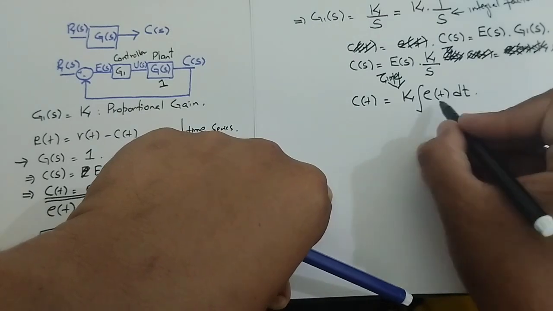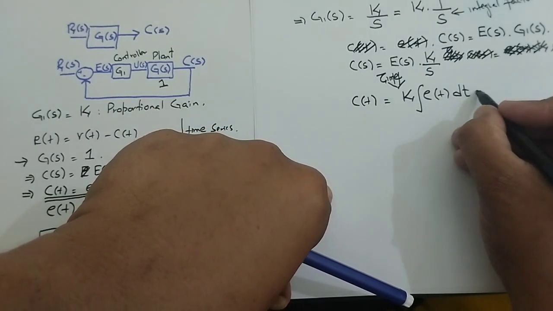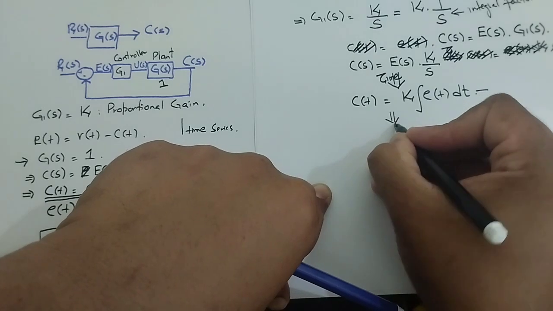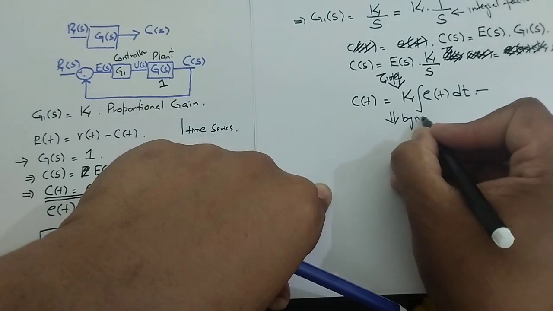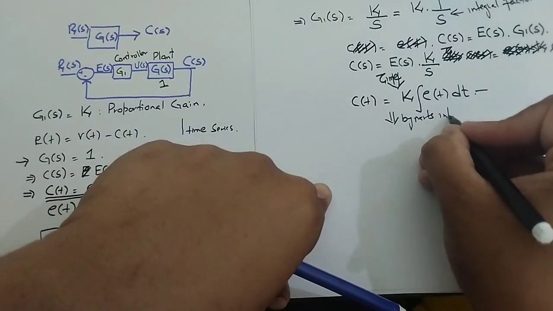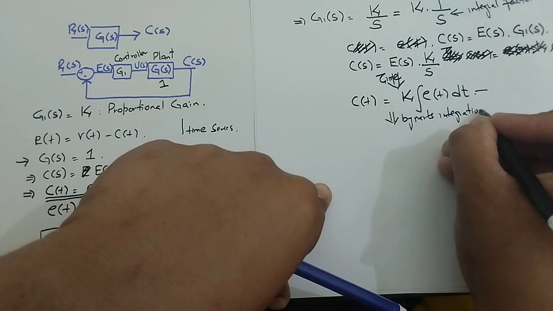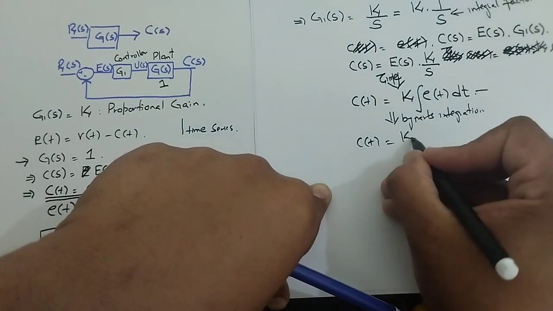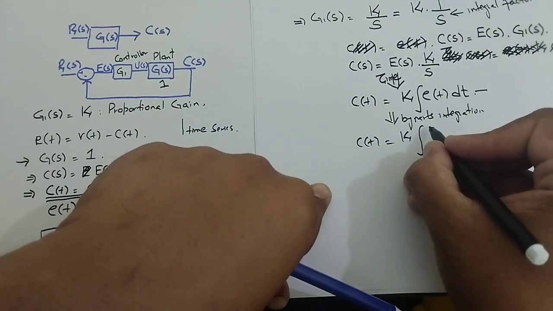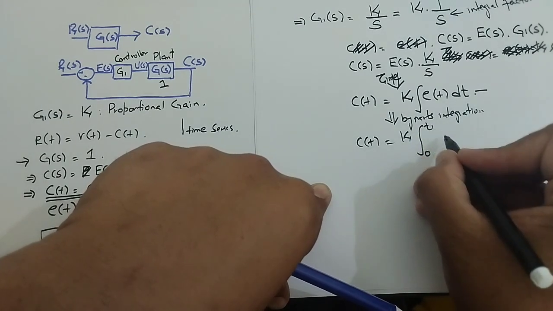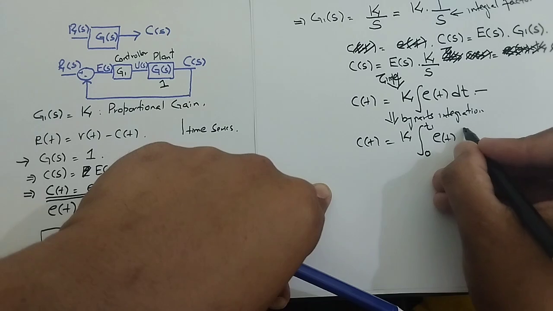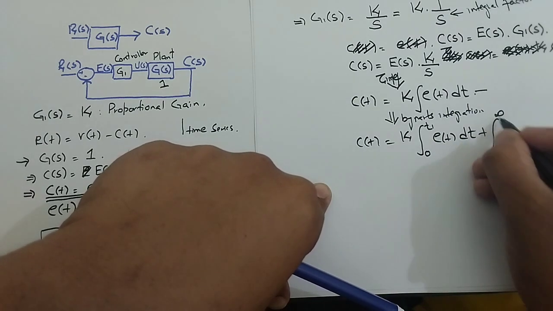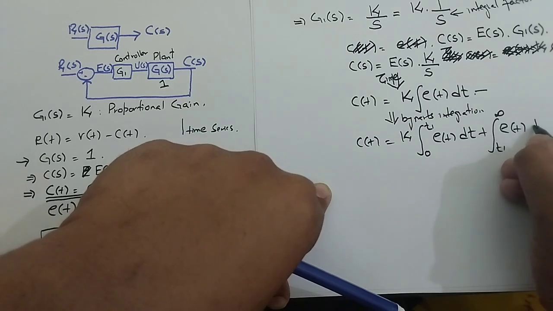So by using the by parts integration, C of t is equal to k times the integral from 0 to some time t1 of E of t dt, plus the integral from t1 to infinity of E of t dt.